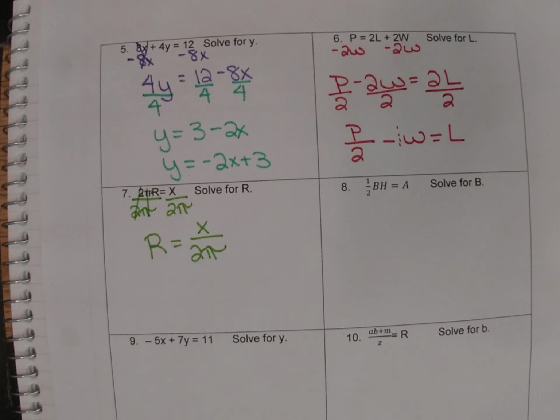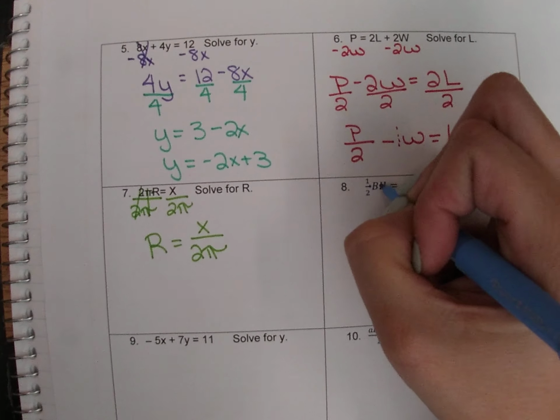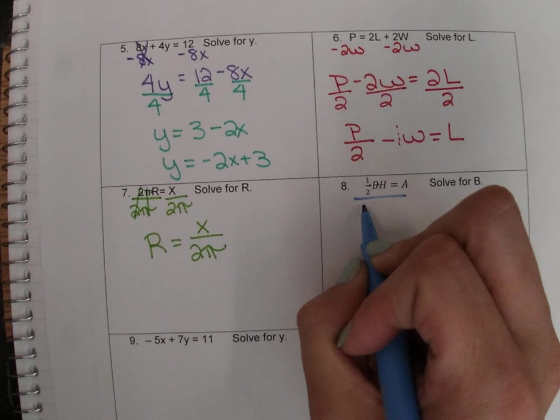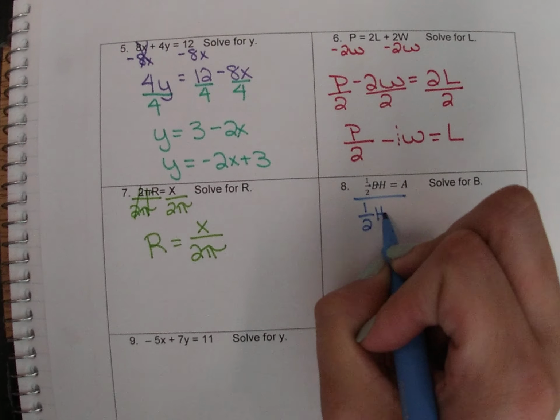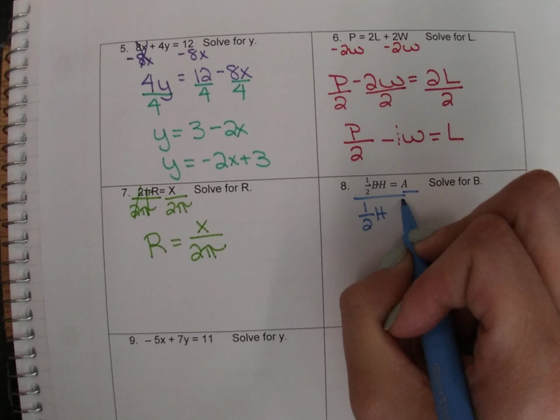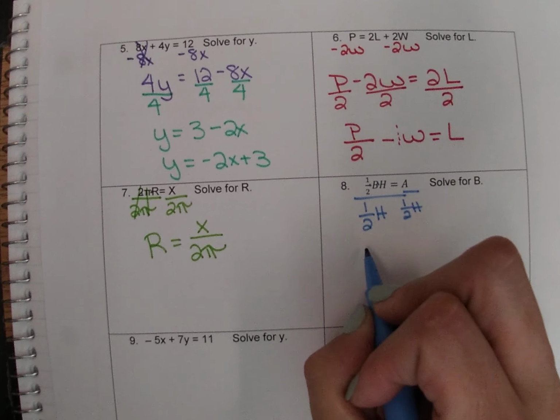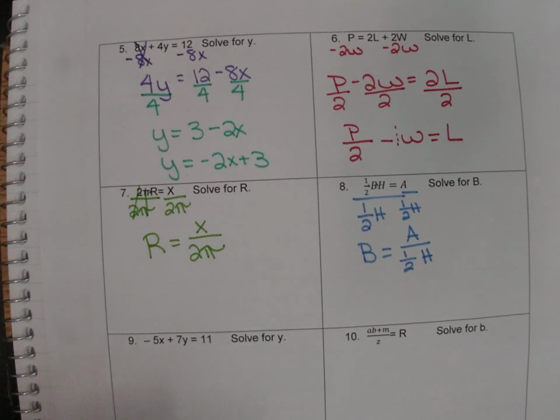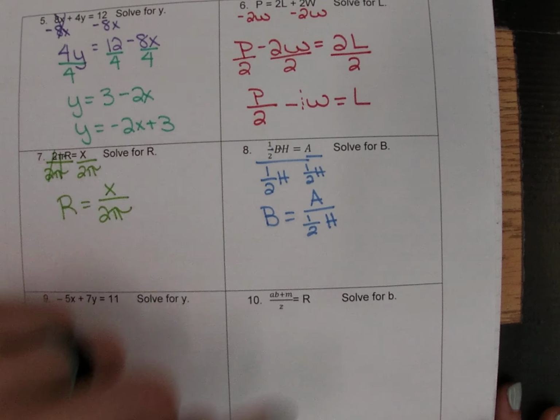Next one, we want to solve for b. This is multiplication and this is multiplication. So absolutely, just like we did over here, we could divide this all at once by 1/2 h. And so we'd have b equals a over 1/2 h. The problem is that we don't write a fraction within a fraction.